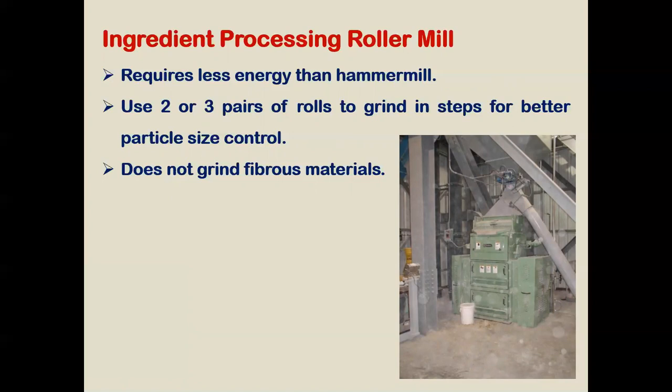The drawback is that it doesn't grind fibrous material. If the feed ingredient is more fibrous, containing more fiber, then we cannot grind it properly in the roller mill. So this is the disadvantage, but the advantage is that it consumes less electricity than the hammer mill.